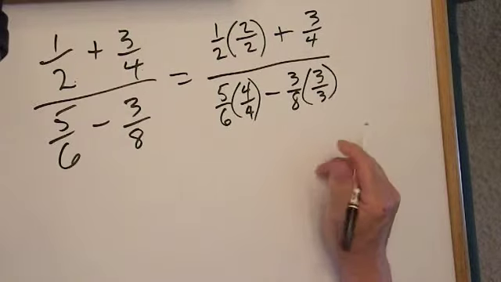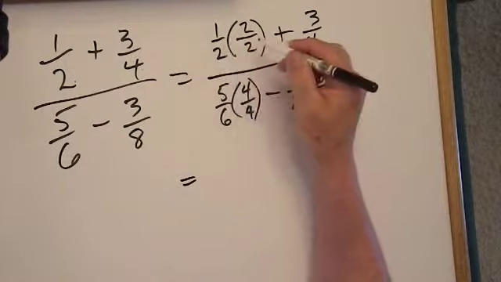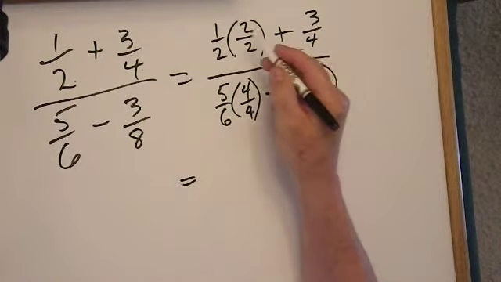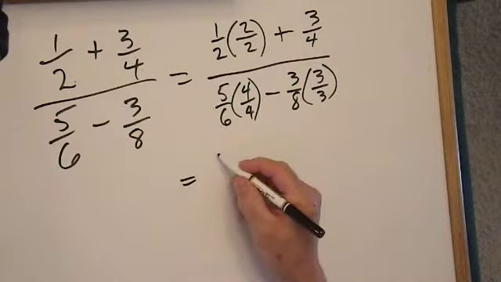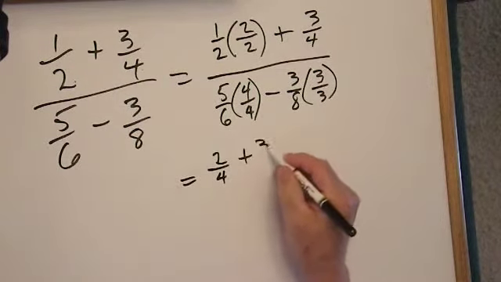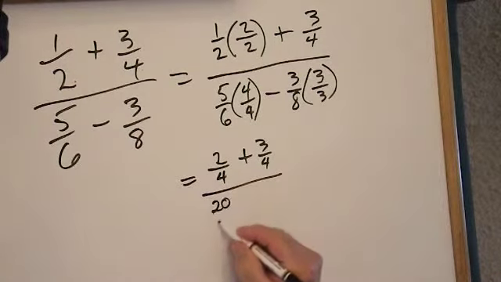Okay, now we can do a little simplification. When you multiply fractions, you multiply the numerators and denominators, so we'll have 2/4 plus 3/4, all over 20/24.